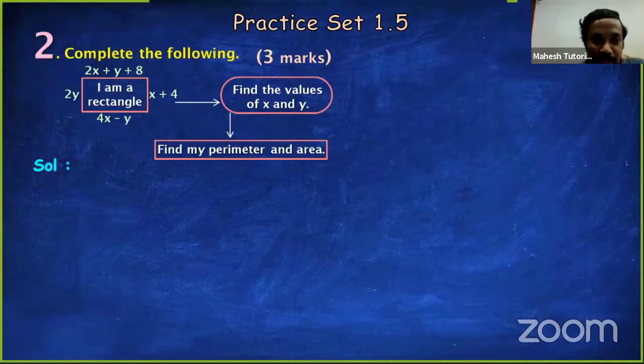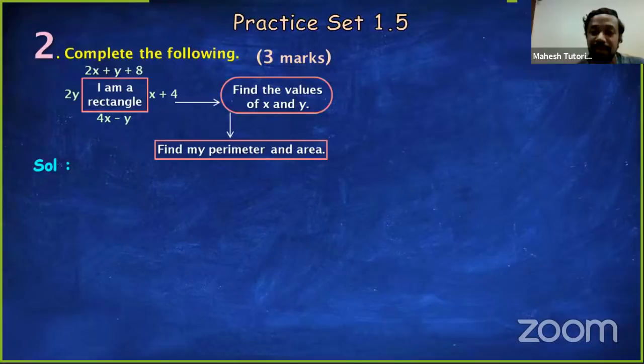If you look at the measurement, it includes two alphabets, X and Y. Besides that, the question says, find the values of X and Y. And below that, it also mentions, find my perimeter and area. Means they are saying that we need to find the perimeter and the area of that rectangle.